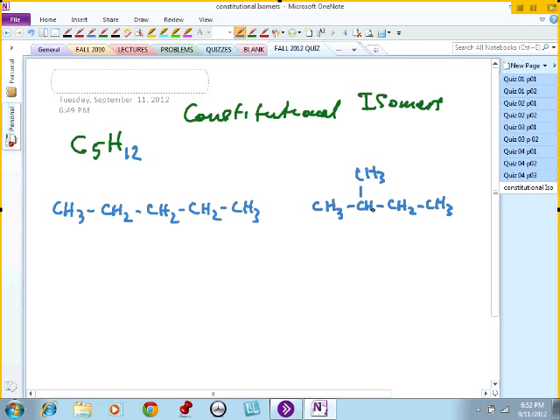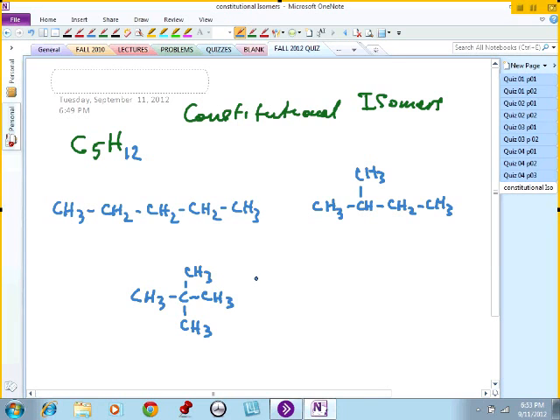Replace the hydrogen with a CH3. Very good. That is another possibility.